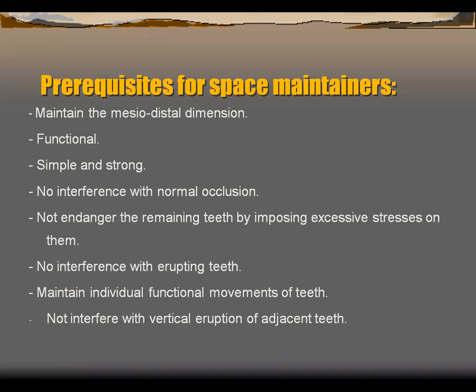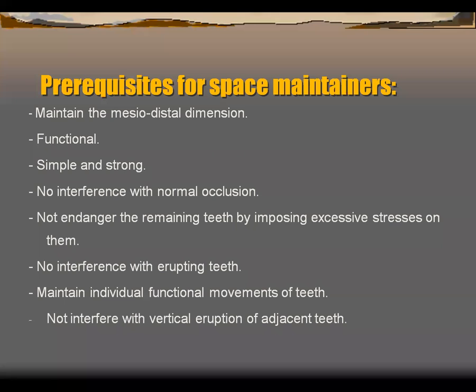Okay. Prerequisites for space maintenance. First is to maintain the mesiodistal dimension. Then the space maintainer should be functional. It should be simple and strong. That is, the design of the space maintainer should be simple and strong. No interference with the normal occlusion.